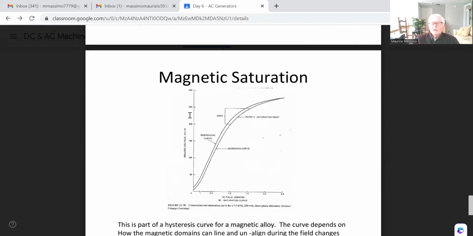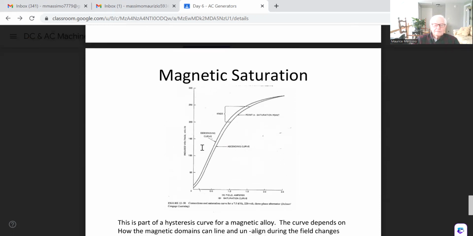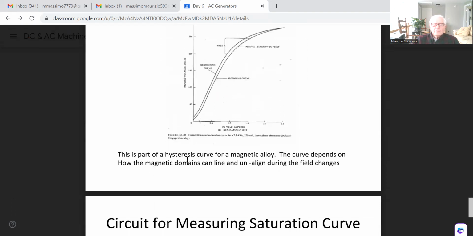What comes into play also is the magnetic saturation. Right? So this is basically the hysteresis curve. This is a very thin hysteresis curve, and you're really going to look more closely at the knee in which the biggest changes occur. So that's part of the hysteresis curve for a magnetic alloy.